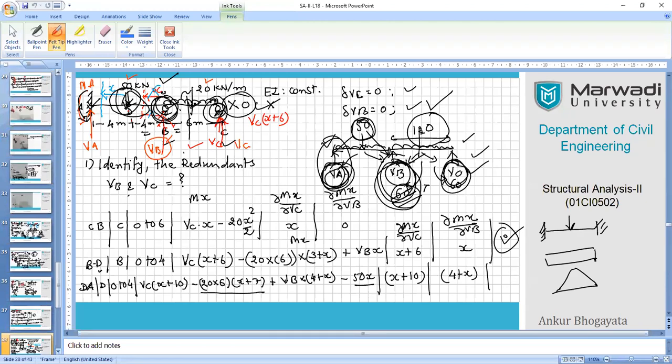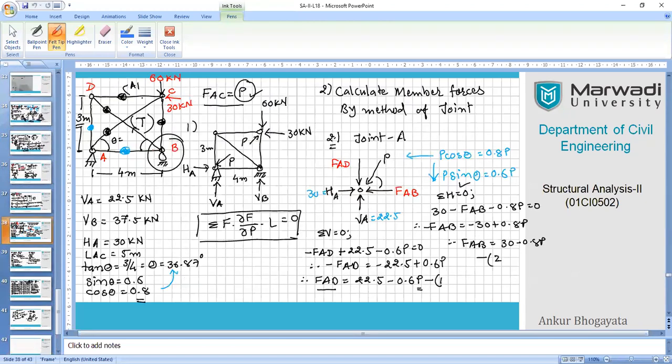If we recall the last session, we analyzed this truss, which was externally determinate but internally indeterminate by 1 degree. I explained completely, stepwise, how we can carry out the unknown force calculation in the members.